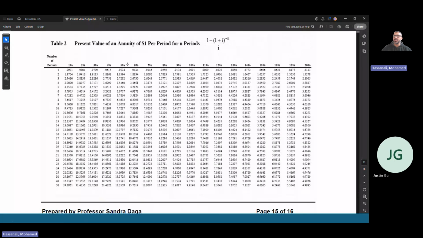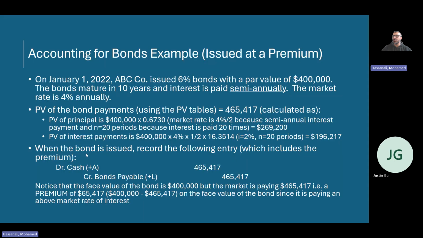So we go back to the annuity table, 2%, 20 periods, 16.3514. Got that correctly. So the actual interest payment times the present value factor gives you 196,217. You put the two together, you get the 465,417.